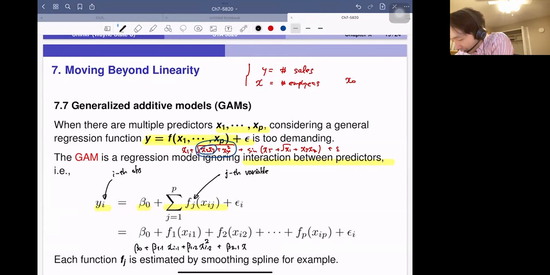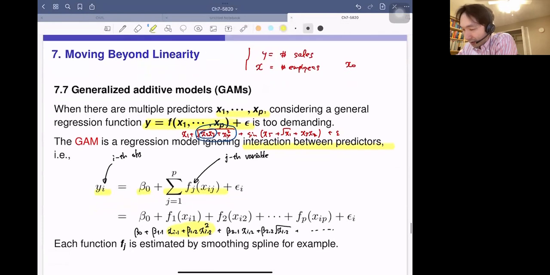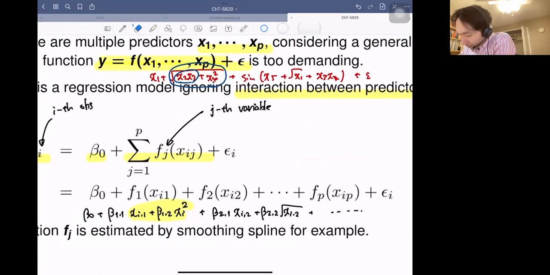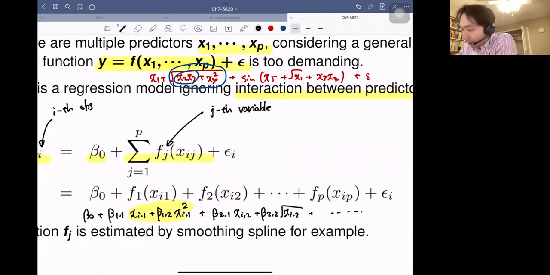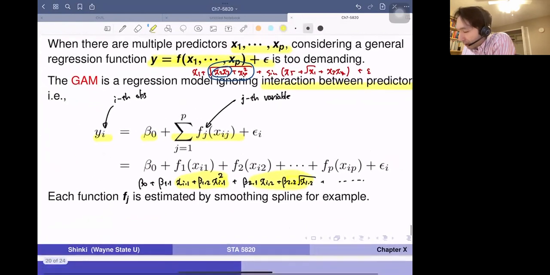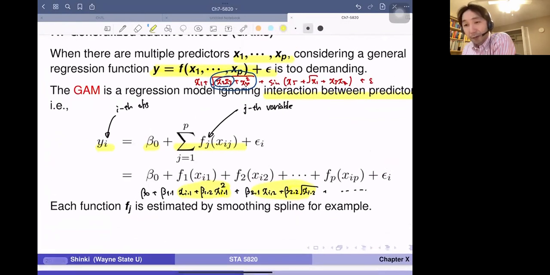So we have more than just linear terms, but the effect of x1, the effect of x2, the effect of x3, up to the effect of xp are separated.